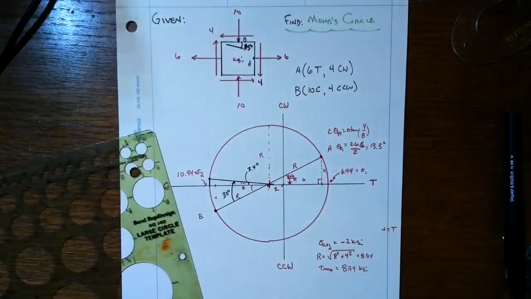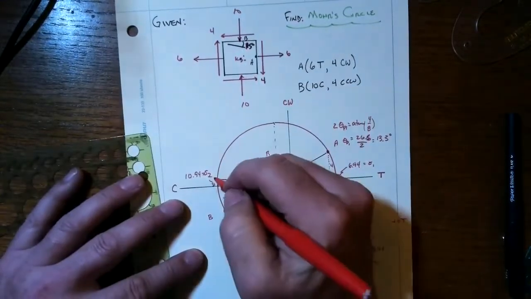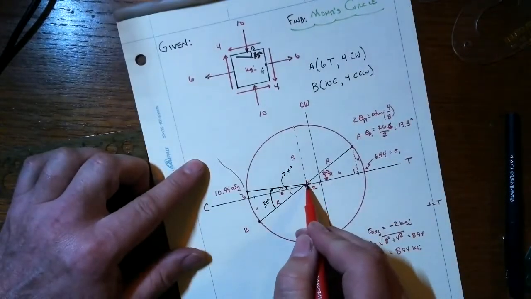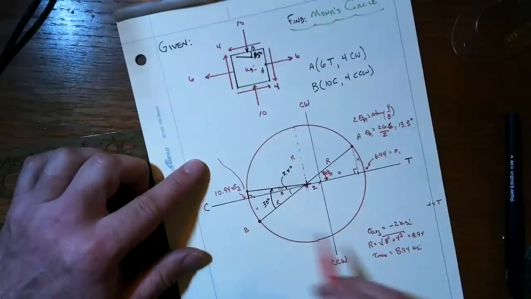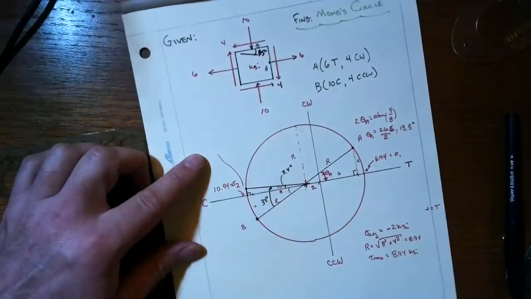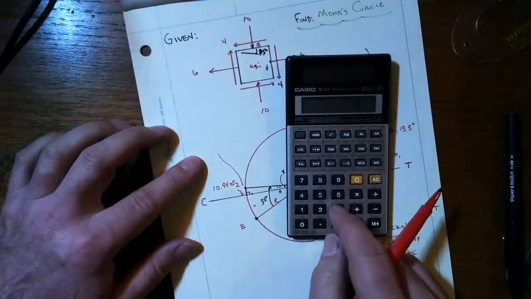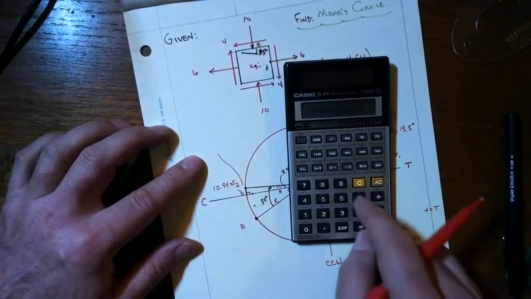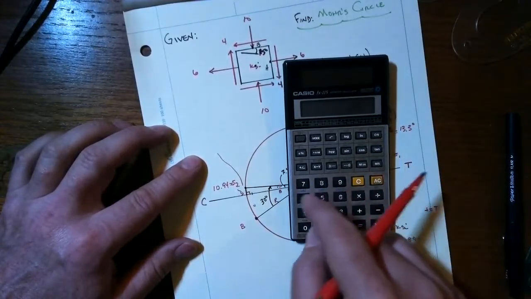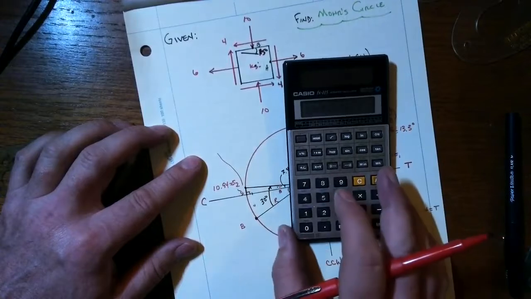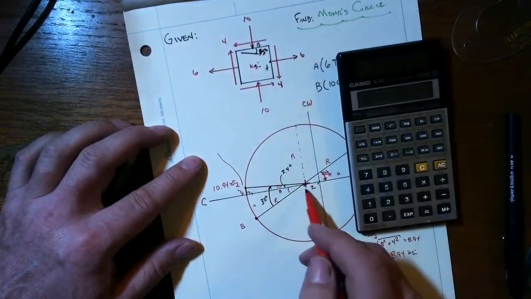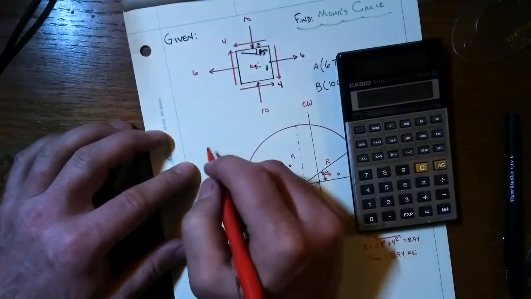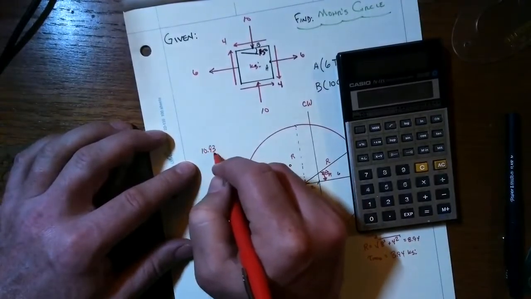So we know the radius, that's the 8.94. This combination of normal stress and shear stress is going to be, well, the base of that triangle is R times cosine of 3.4. So cosine of 3.4 is almost 1, but not quite, 0.998, times our radius of 8.944, and that's going to be 8.928 plus the 2, so we'll have 10.93 rounded for the sigma.